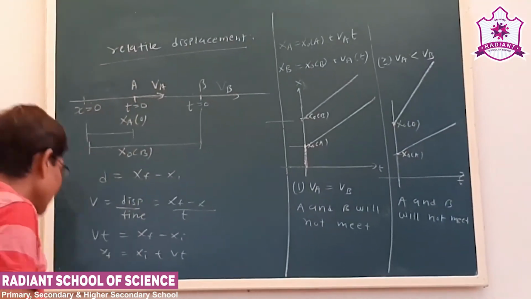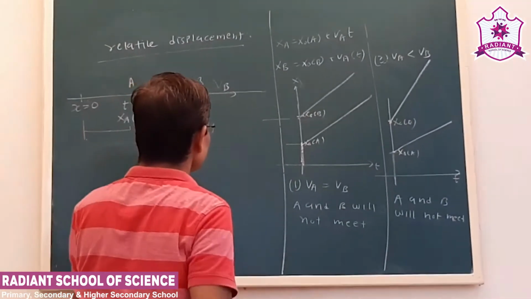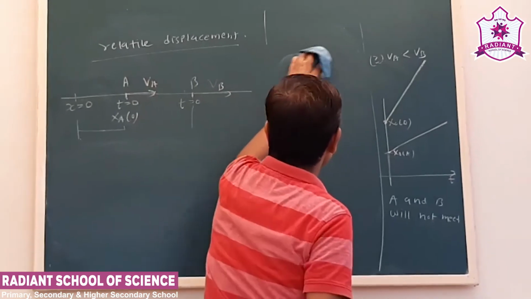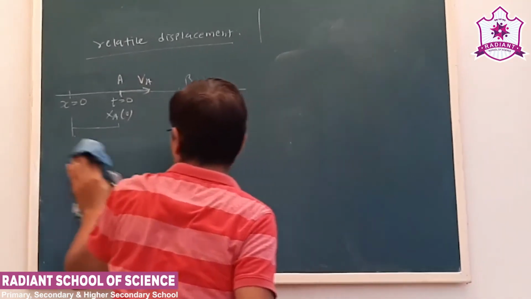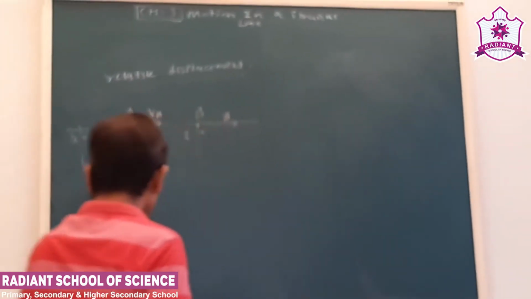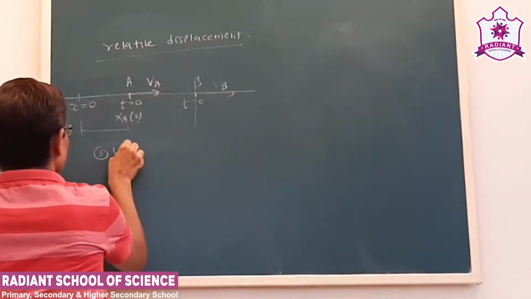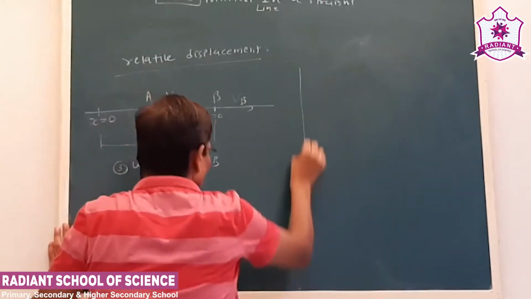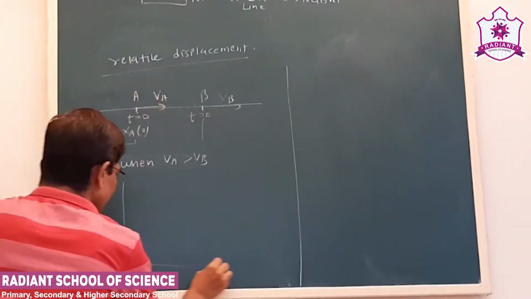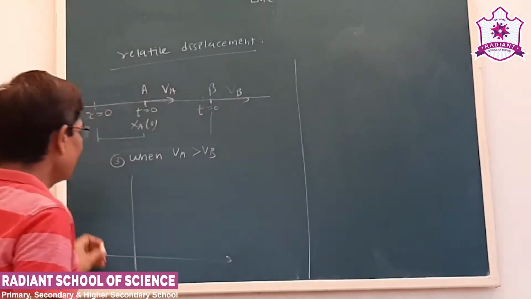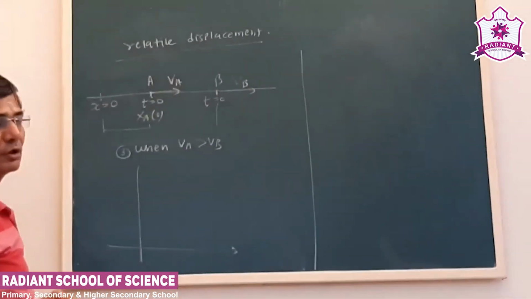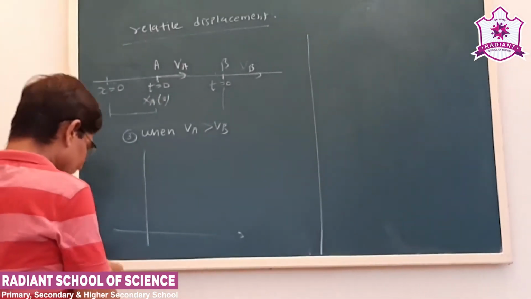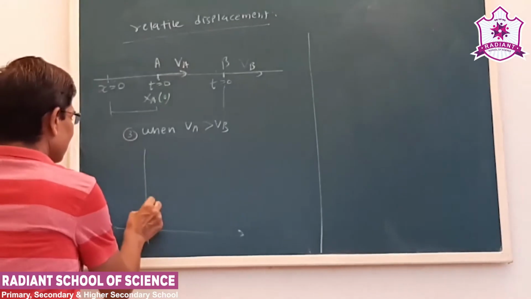Now see the third possibility, when VA is greater than VB. In a given time interval, the distance covered by A will be more than the distance covered by B, so surely they will meet. We can plot the graph like this.